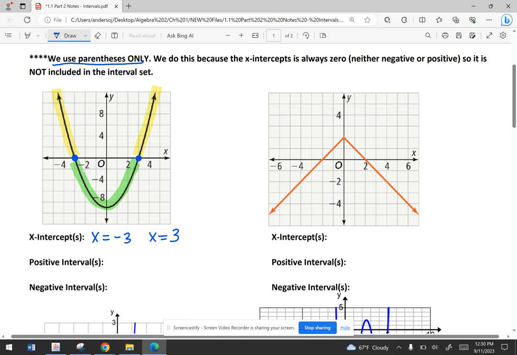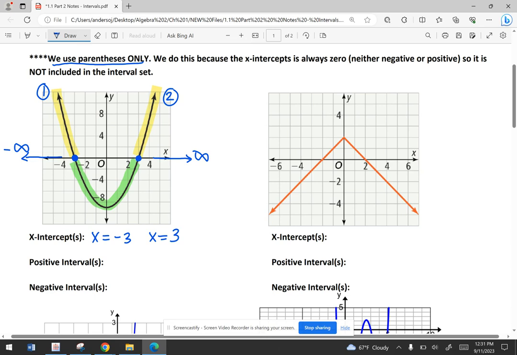So those values are going to help me mark these intervals. Remember, as the graph is going in this direction, it's going to positive infinity. And as this graph goes in this direction, it's going to negative infinity. I'll mark the positive intervals. And what you can see is we technically have two yellow sections that we have marked, one on the left side and one on the right side.